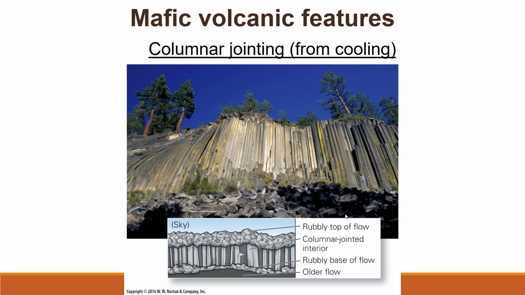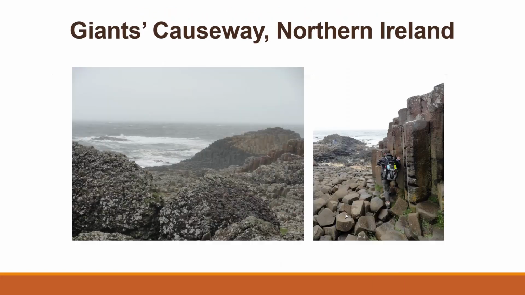We like to give these things very interesting names. Volcanic rocks tend to get very, very interesting names. So columnar jointing is a very easy thing to recognize. It's rather distinctive. This is columnar jointing at the Giant's Causeway in Northern Ireland, which is one of the most famous columnar jointing examples. This is me.